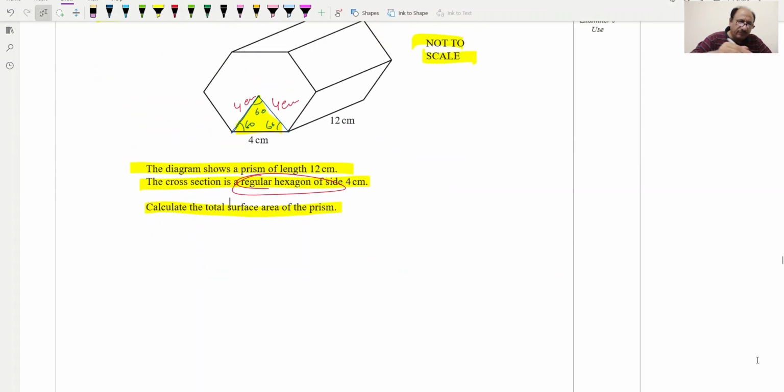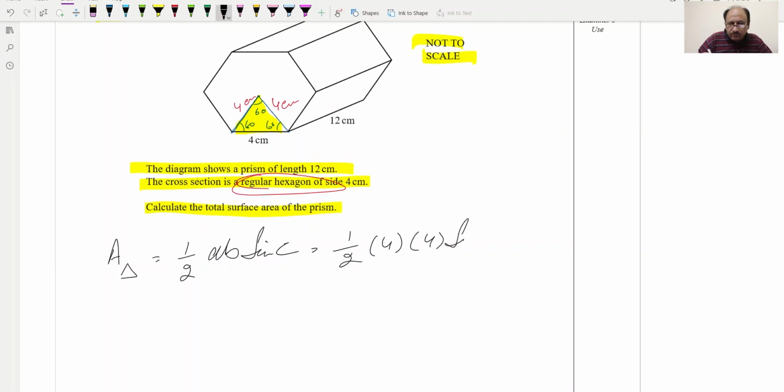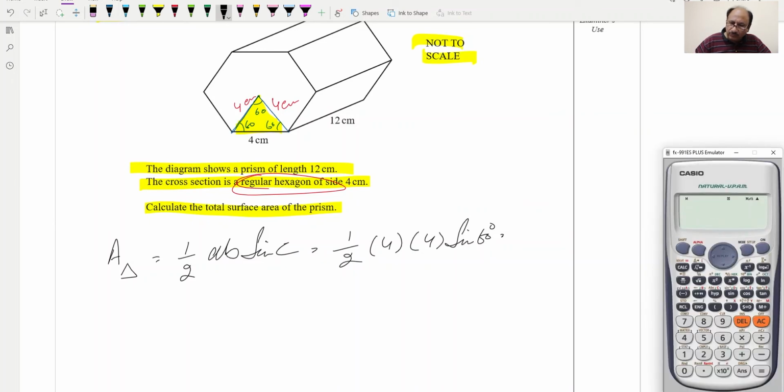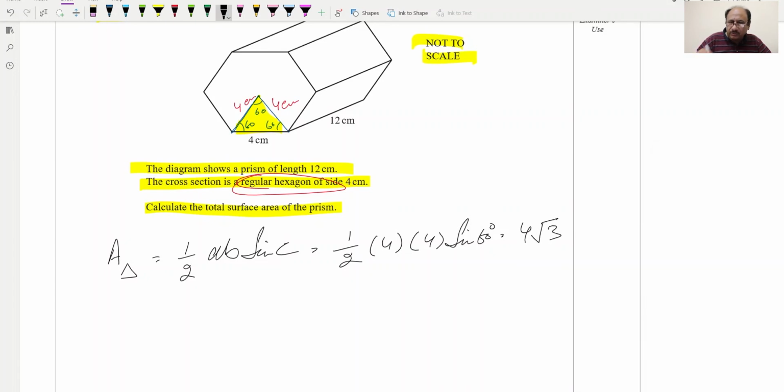So area of triangle will be equal to 1 by 2 AB sine C, which is 1 by 2 into 4 into 4 into sine of 60 degree. Your calculator should be in degree mode, so this is 4 under root 3.